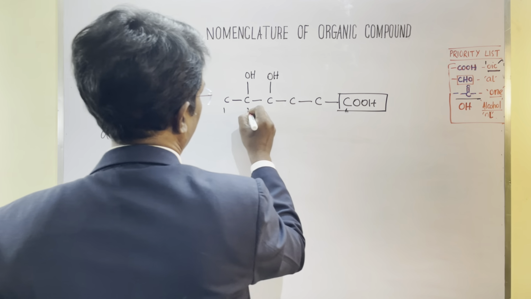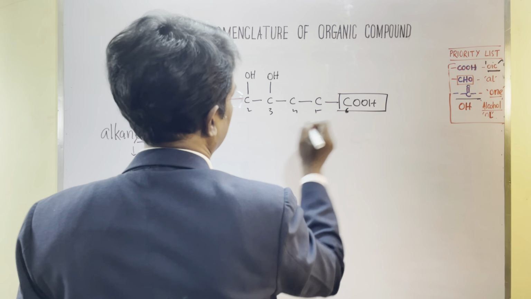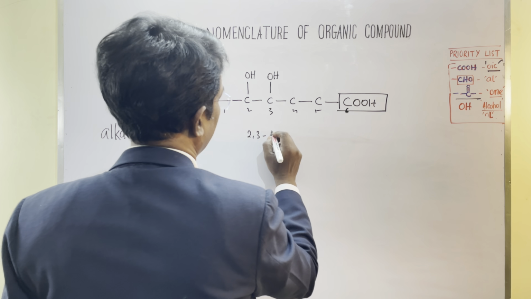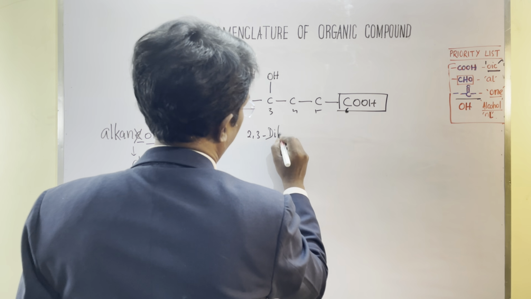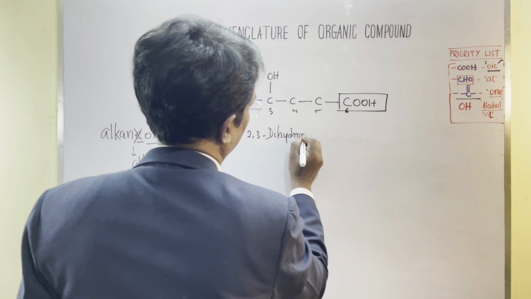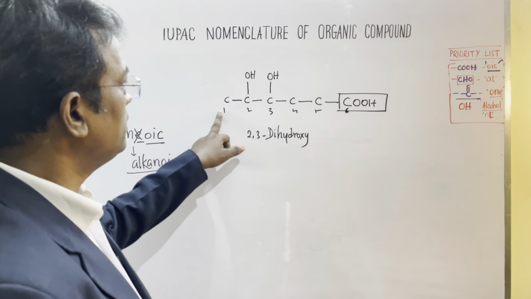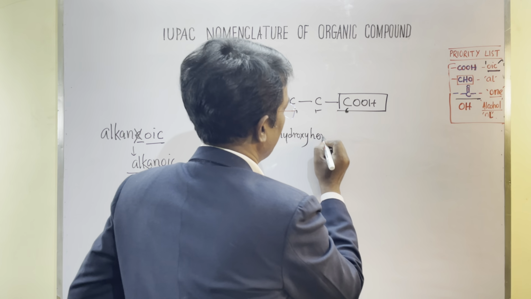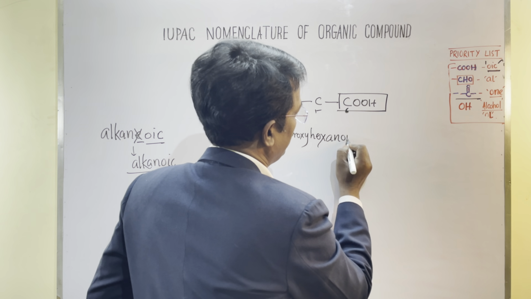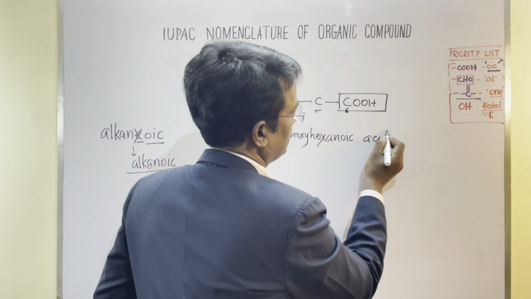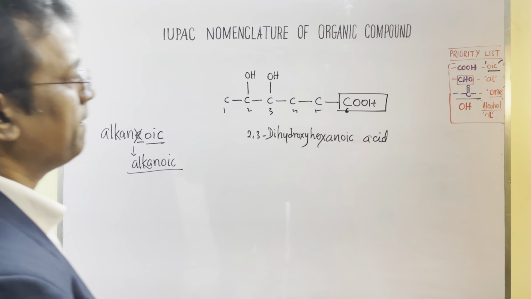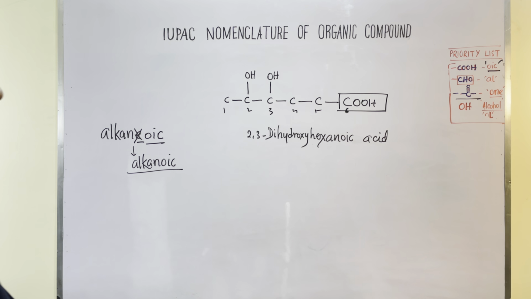Very easy, 1, 2, 3, 4, 5, 6. So 2, 3 dihydroxy, 6 means hexanoic acid: 2,3-dihydroxyhexanoic acid.